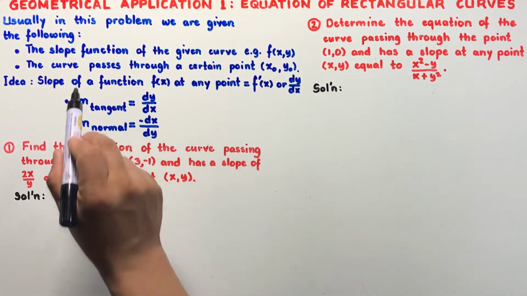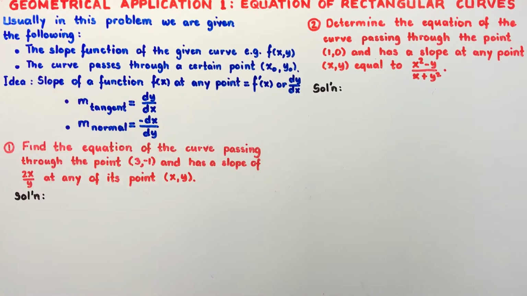Now, this is just a slope function because the slope of the given curve may change at different values of x. So it is not a constant slope sometimes. In other words, the slope of the tangent line of the curve changes at different values of x. So it's not always a constant slope. That is why you are given just a function of its slope.